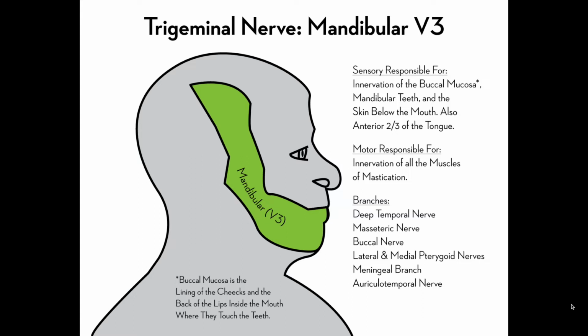Now, the motor part is responsible for the innervation of all the muscles of mastication. The branches of this section are the deep temporal nerve, masseteric nerve, buccal nerve, lateral and medial pterygoid nerves, meningeal branch, and the auriculotemporal nerve.